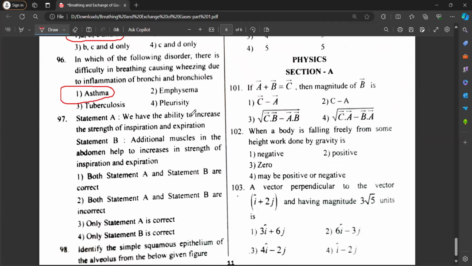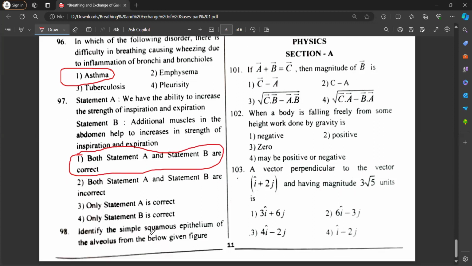We have the ability to increase the strength of inspiration and expiration. Yes, correct. Additional muscles in the abdomen help to increase the strength of inspiration and expiration. Yes, both statements A and B are correct. So the first option is going to be the correct one.